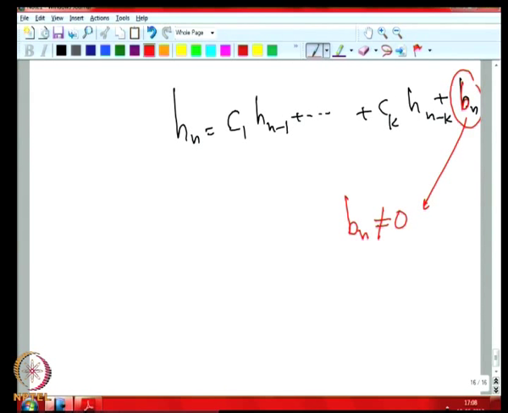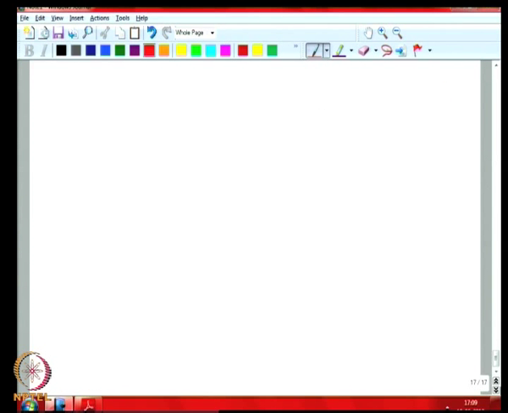So, we can give an example. The simplest is the k equal to 1 case, the order 1 case, and one of the most famous examples, the Tower of Hanoi problem. What is this Tower of Hanoi problem?